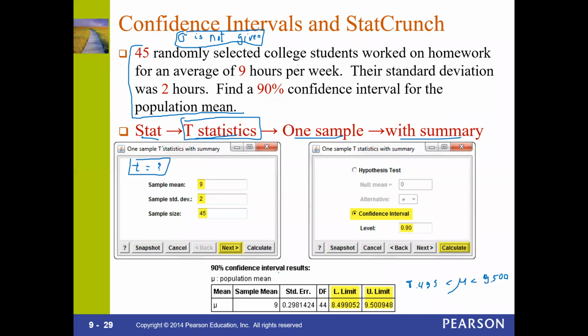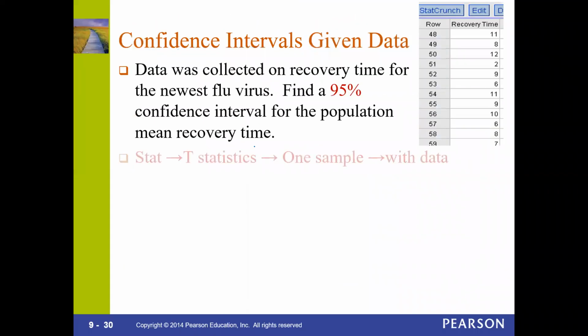Here's another example I can work on. You are given a data set, and they give you the data right here. They say to find a 95% confidence interval. First, you type these values into StatCrunch, or you can use the TI-84.